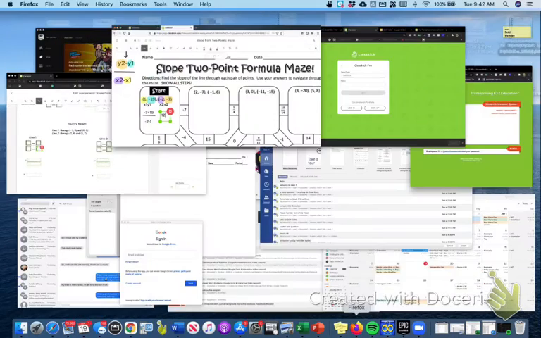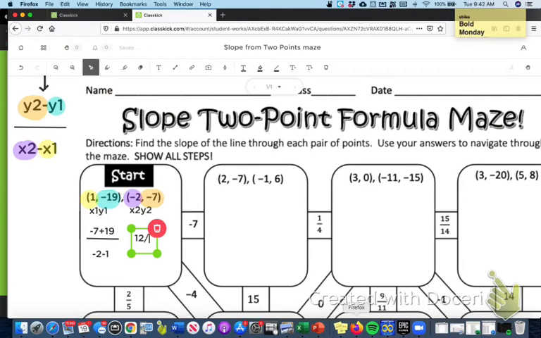Then I've got my fraction bar. And then -2 minus 1 gives me -3. So far, I've got 12 over -3.